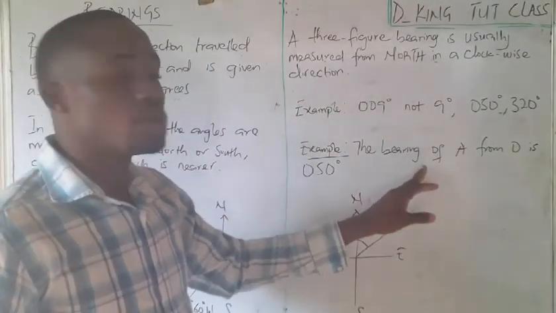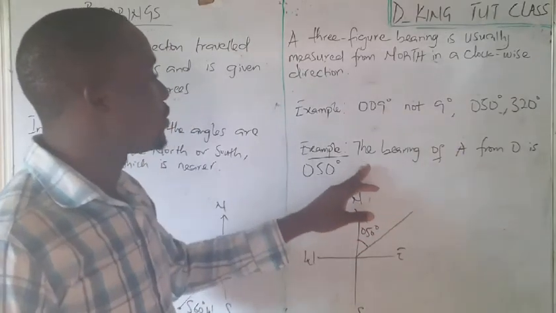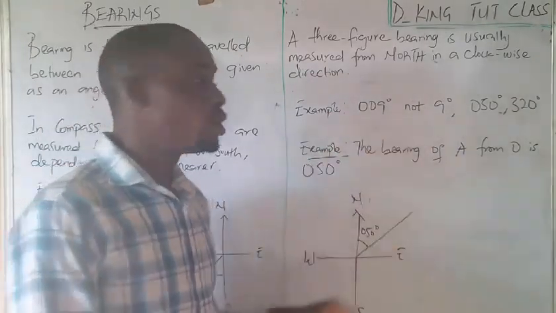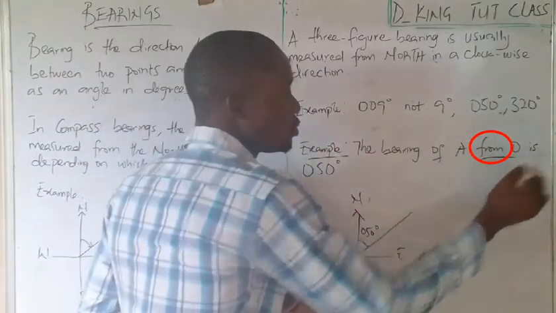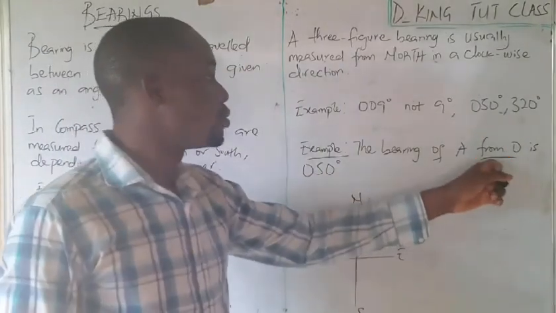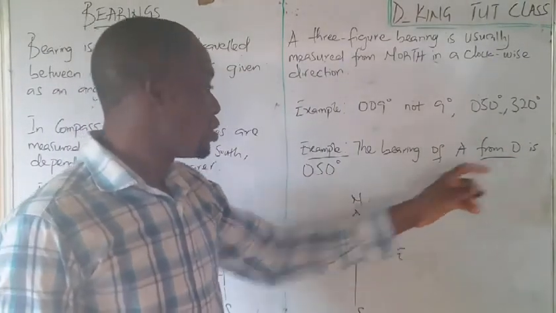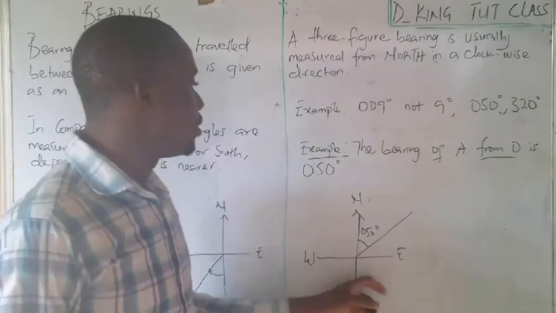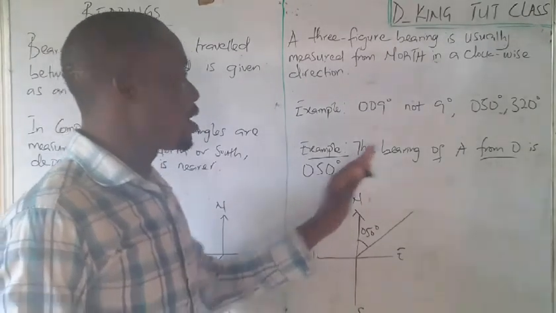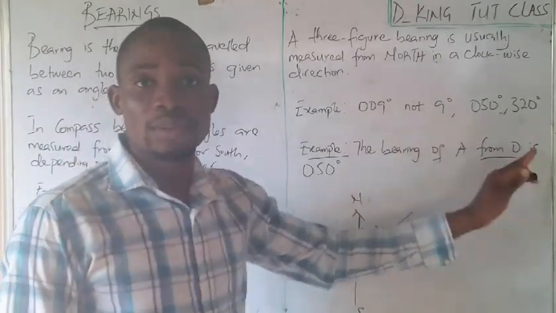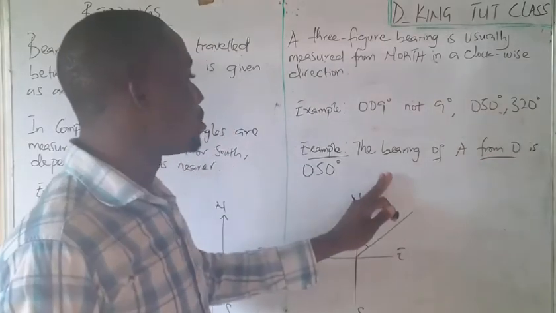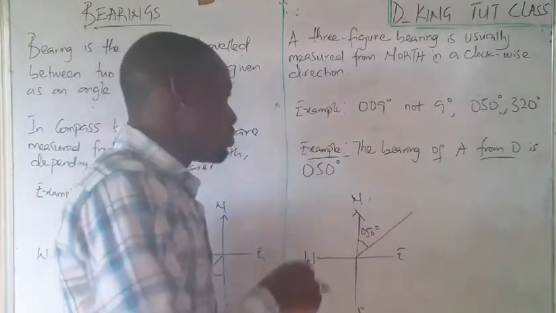Now, answering questions under bearing, how are you going to know where to start from? You are going to know where to start from wherever you see the word "from". Wherever you see this word, you start your diagram from there. So if the question says from A, the bearing of something is something, you start from that word "from".